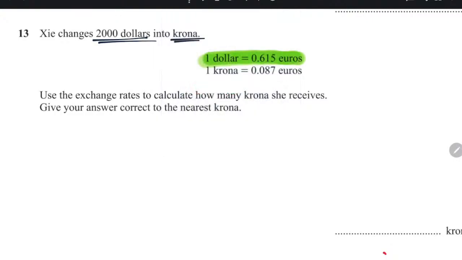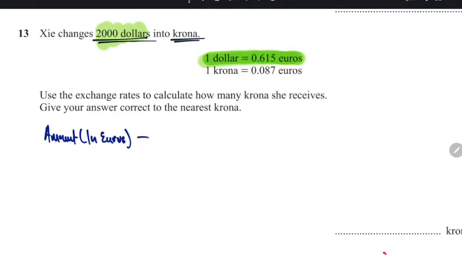So here is how you do it. Here I have dollars and I have the relationship between dollars and euros. So I can find the amount in euros. I'll say amount that she had in euros because I have the relationship between dollars, the one which I have, and euros in this exchange rate.